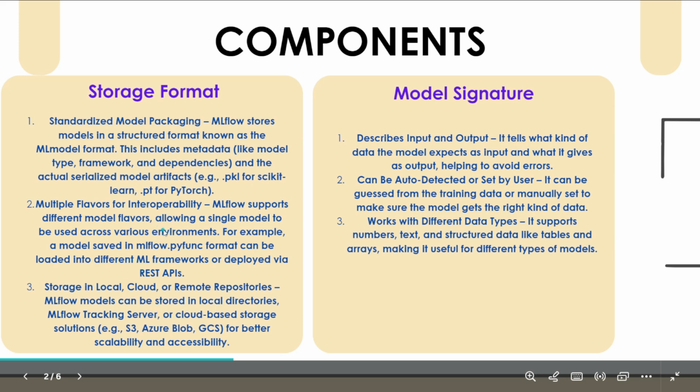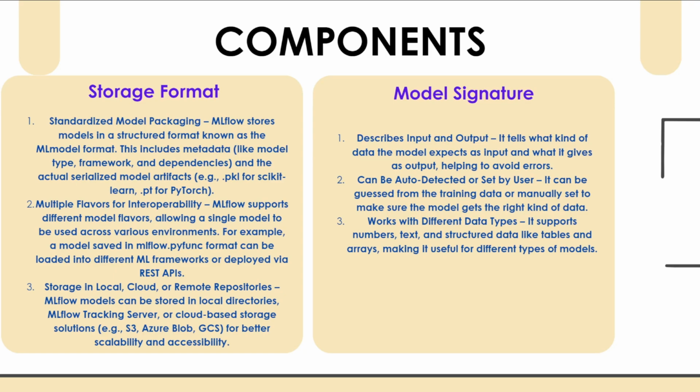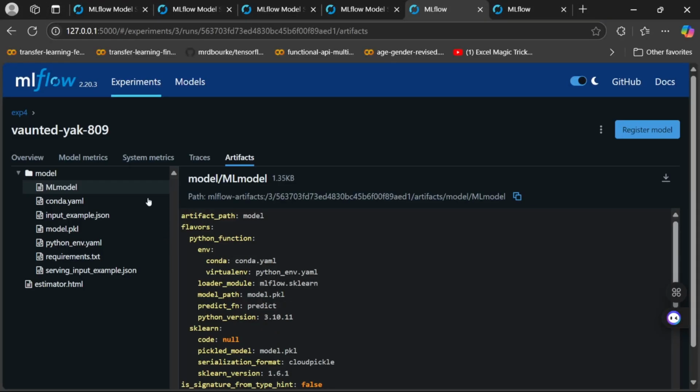Okay, so let me show you the storage format first, like what all things I am talking about. This is one of the experiments that I ran in the last lecture. If you haven't seen that lecture, please watch it. This is one of the runs under that lecture called exp4. Inside that run I came to this artifacts part, and the artifacts contain all the information.